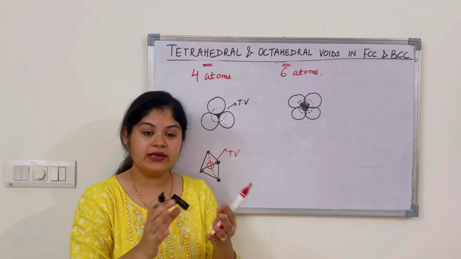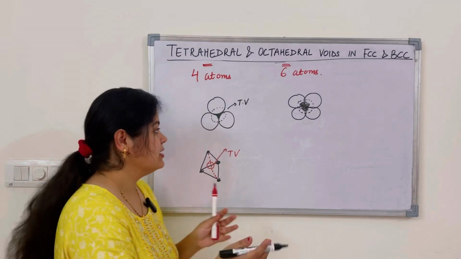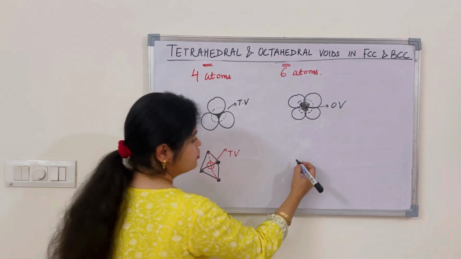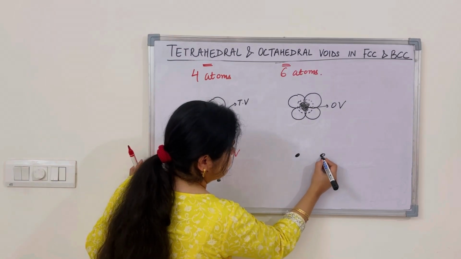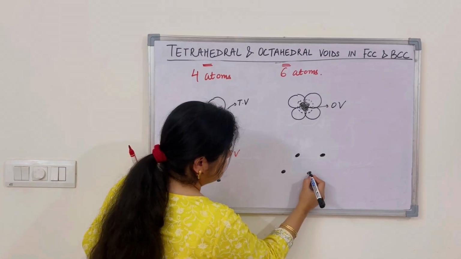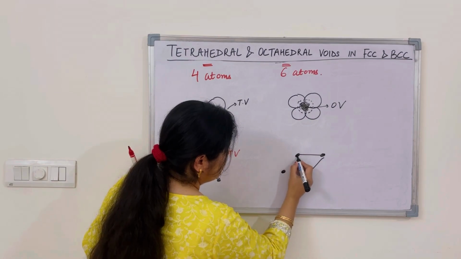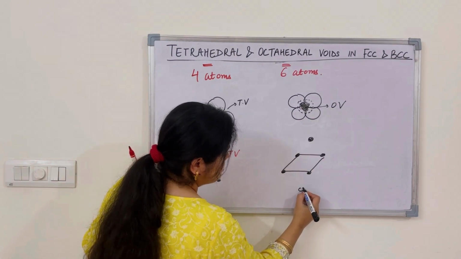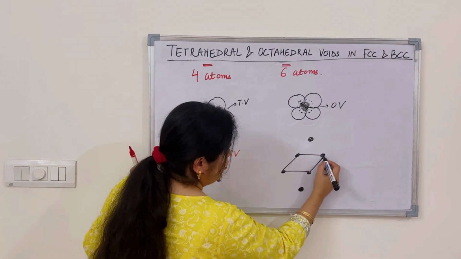So the void created in such a manner is an octahedral void. I can also draw it like this: 4 atoms are in one plane, one atom is on the top and one is at the bottom.